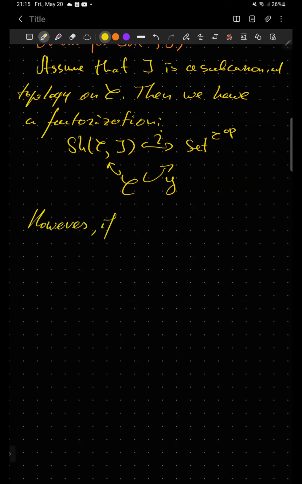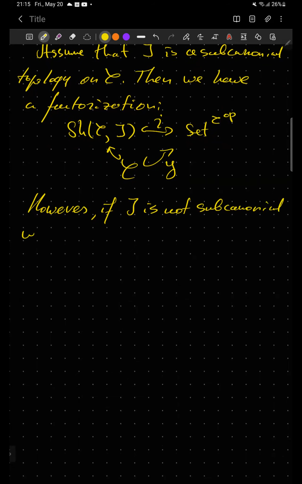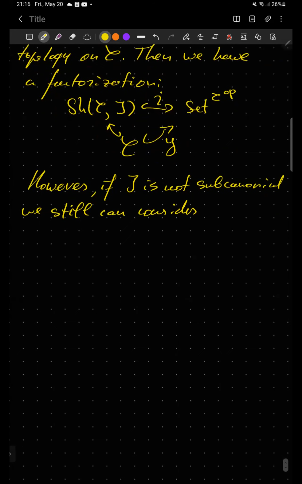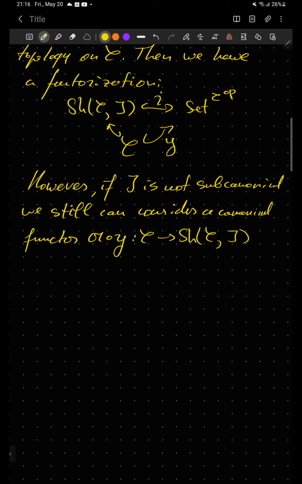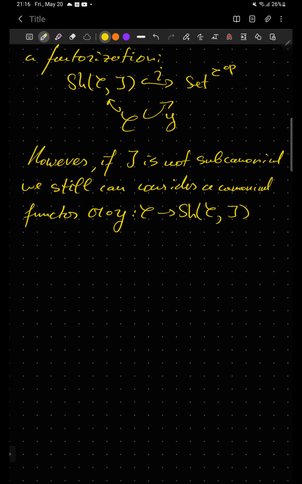However, if J is not subcanonical, we still can consider the canonical functor aY from C to sheaves on C. And for any sheaf, the unit lemma, so let F be a sheaf, the unit lemma implies the following isomorphism.